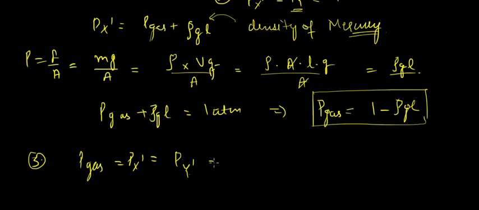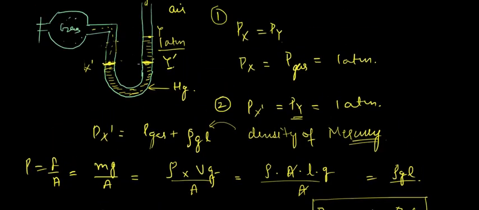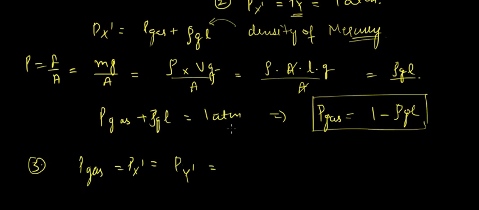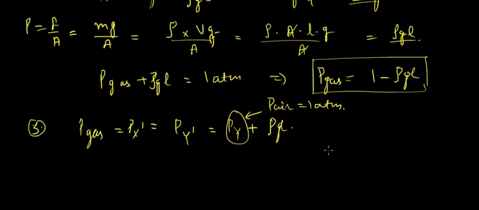The pressure at y dash can be written as the pressure at point y plus rho g L, where this is height L, and the pressure at y is nothing but the pressure of air, P of air, which is 180 m. So we find that P of gas would be 1 plus rho g L in the third case.